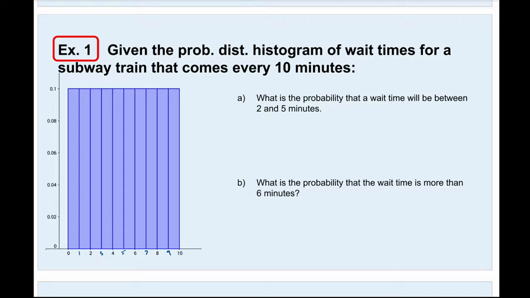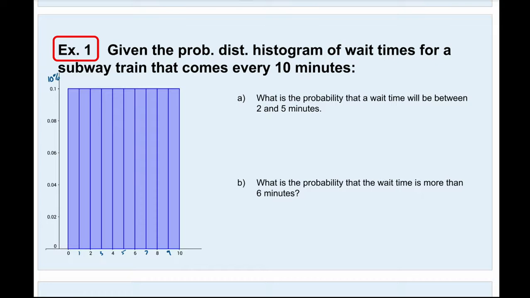And it's a uniform distribution, so we can see that by each bar having the same height. We can see that kind of box shape that we've talked about before. And we can see specifically what the probability is for each interval. And here we can see that it's 0.1 or 10%.